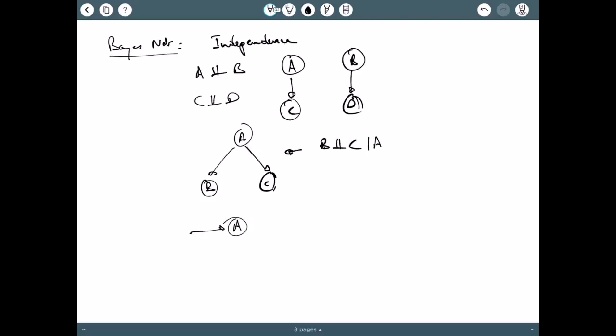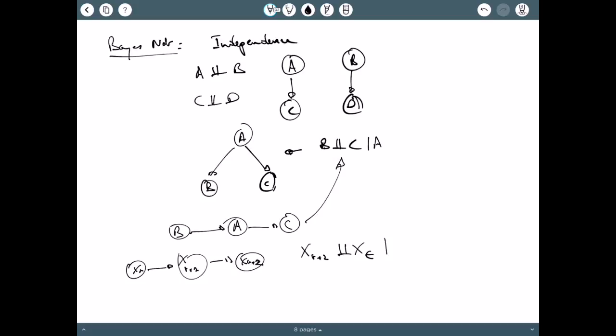If A is in between C and B, I encode the very same thing. So typically you would use that to represent a Markov chain. Here, in a Markov chain, x of t plus 2 is independent from xt, conditional to xt plus 1.